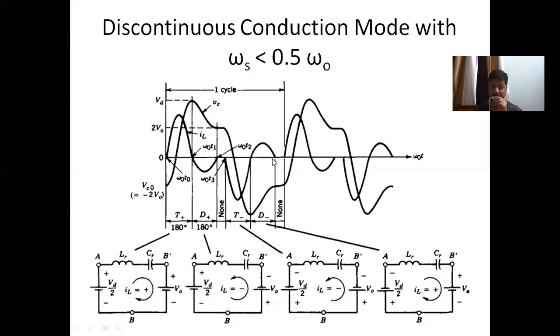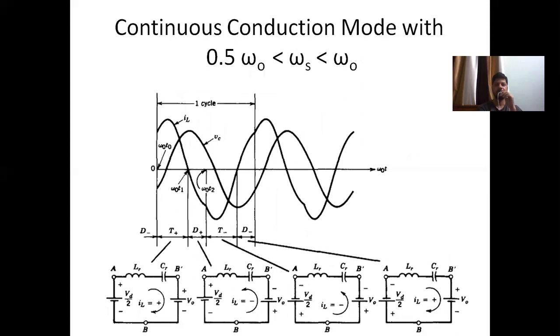This is another cycle of the resonant frequency, and this is one cycle of the switching frequency. So here the switching frequency is less than half of the resonant frequency. So in this SLR converter, when we keep the switching frequency less than half of the resonant frequency, we obtain discontinuous conduction. The disadvantage of this circuit is the high value of inductor current, which increases the losses in the circuit.